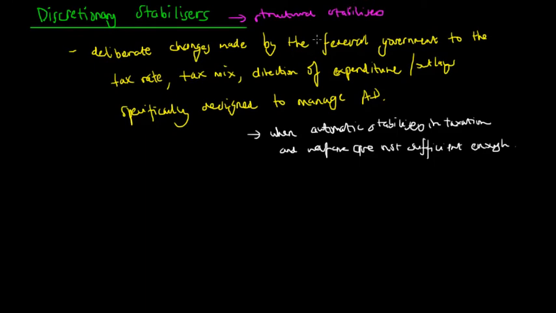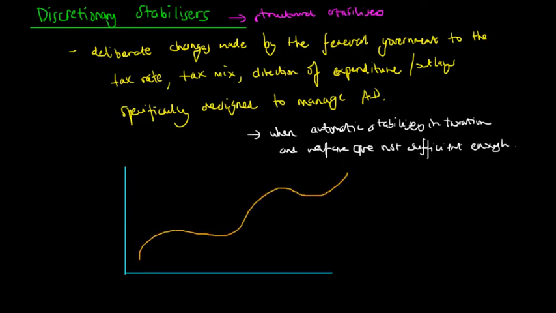Alright, so let's look at an example of why they use discretionary stabilizers, an example of a discretionary stabilizer. So we're going to look at the business cycle yet again. The business cycle being of a very cyclical nature. And we're going to put a trend line through it again. That's the trend line.